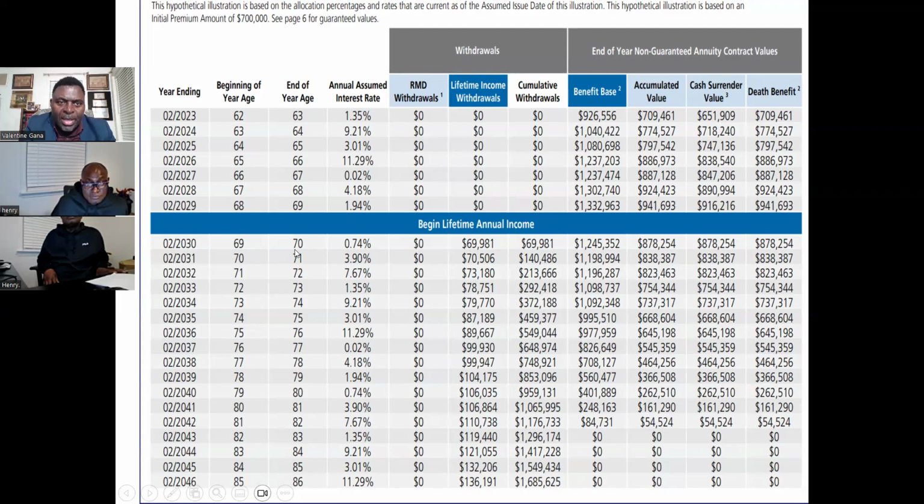Starting at age 69, they start withdrawing $69,000 every year for the rest of their life. So the benefit base is just a paper prediction. Yeah, it's a forecast based on the market conditions and the interest rate growth that is assigned to your annuity.